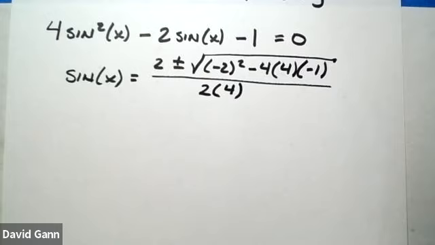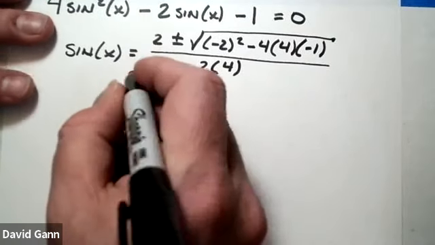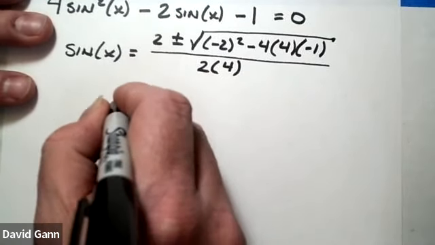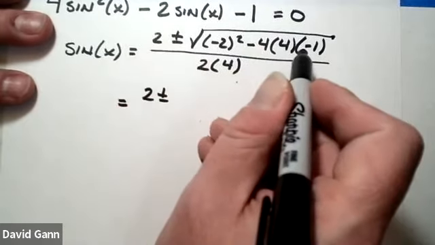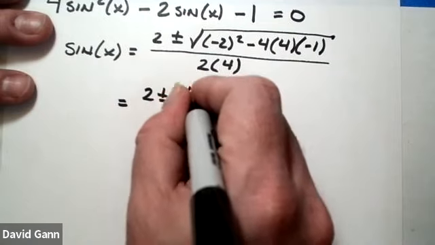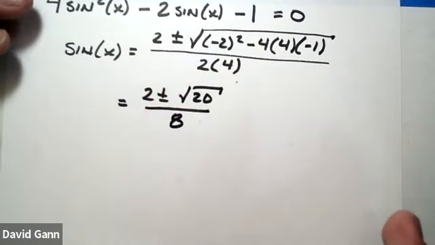Now we just need to simplify this ugly looking fraction. We've got 2 plus or minus the square root of 4 plus 16, that's the square root of 20, over 8.